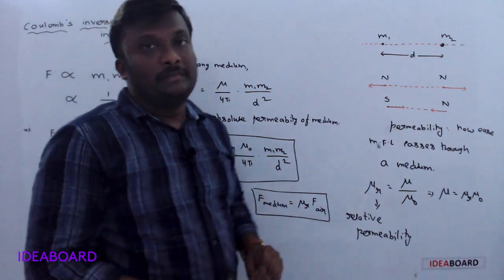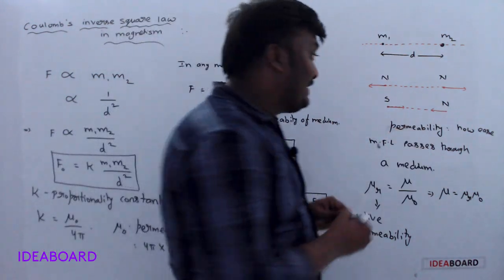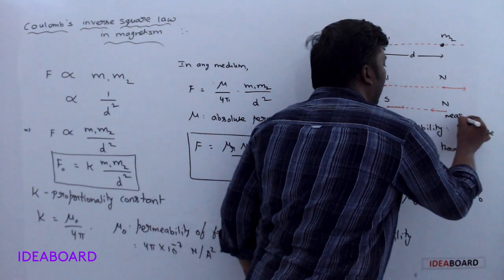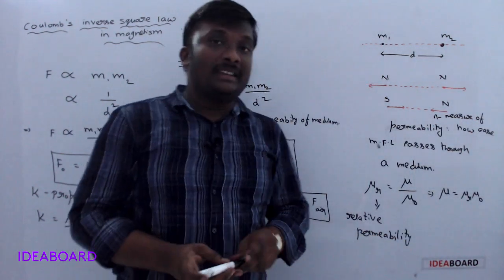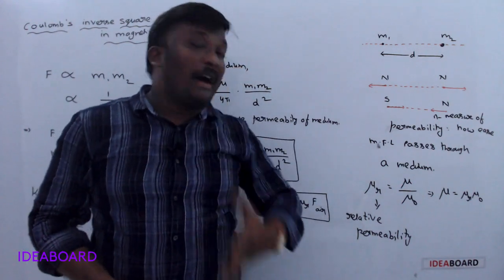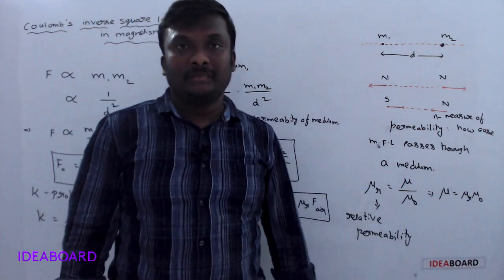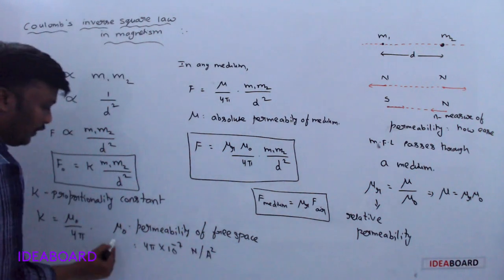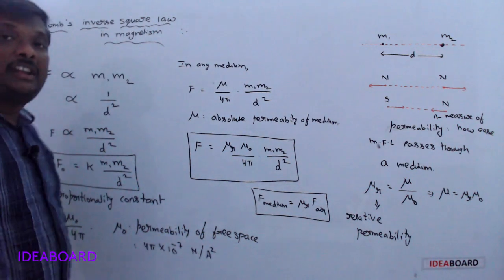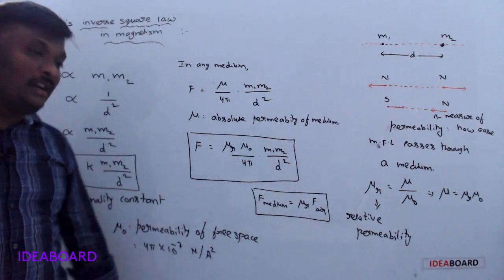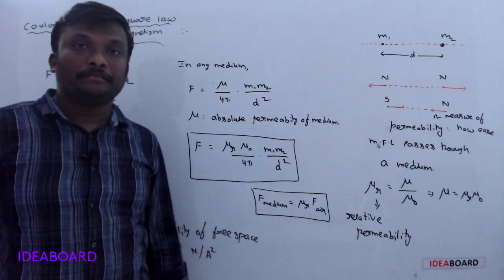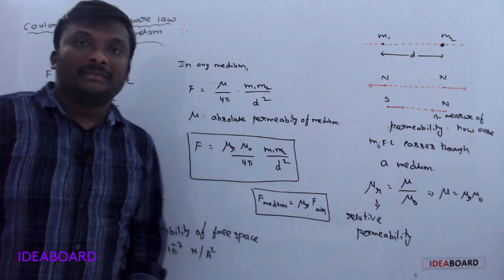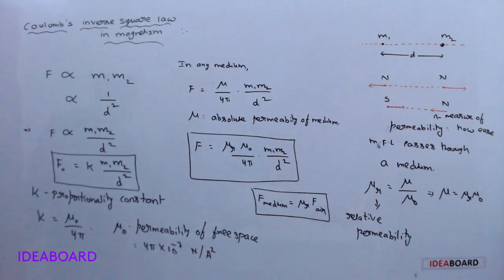Permeability is a measure of how the magnetic field lines pass through a medium. The most important thing is the value of mu naught, which is 4 pi into 10 power minus 7 Newton per ampere square. Note it down. Thank you.